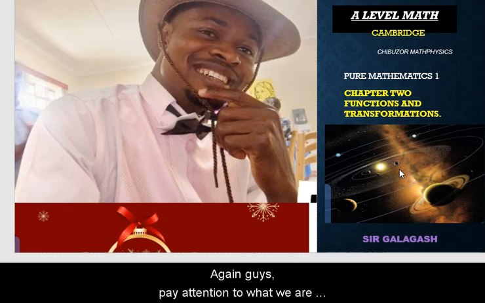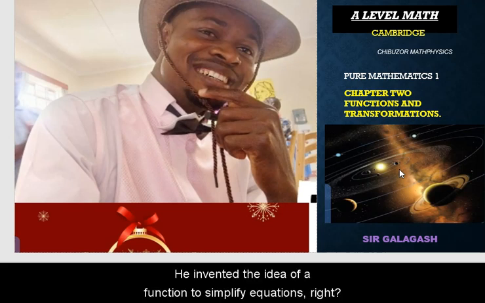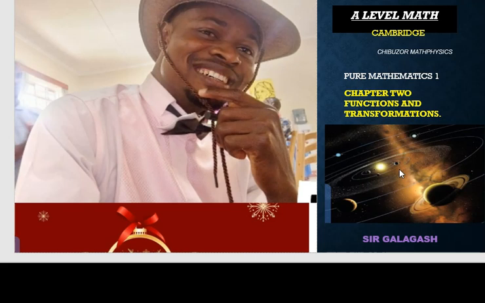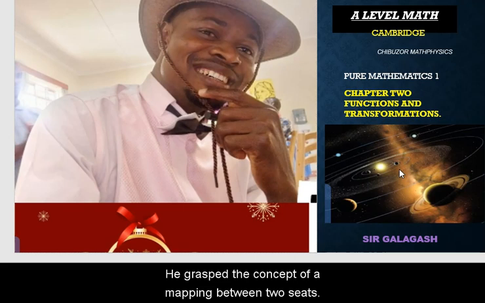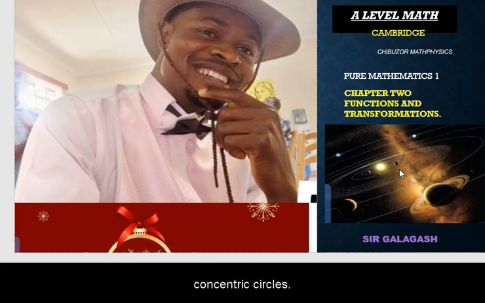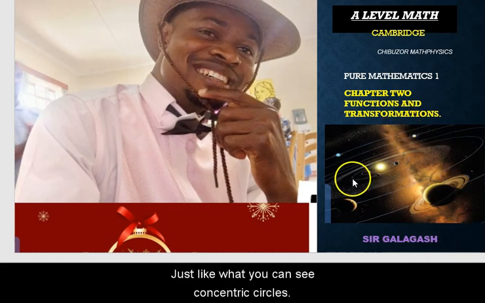Again, guys, pay attention to what we are doing in class, right? He invented the idea of a function to simplify equations. He grasped the concept of a mapping between two sets, and he used that to study the relationship between concentric circles, just like what you can see.